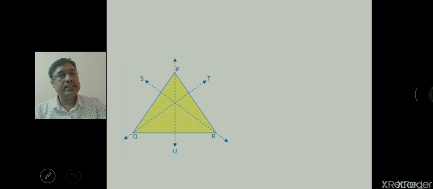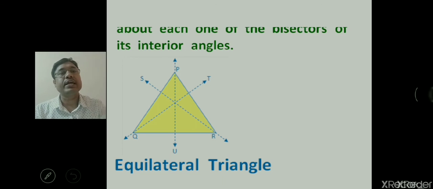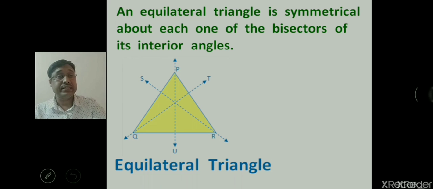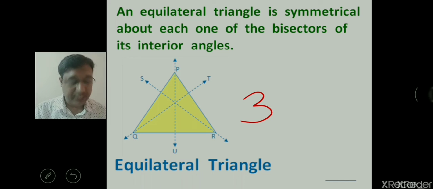So an equilateral triangle is symmetrical about each one of the bisectors of its interior angles. It has these three lines of symmetry, so the equilateral triangle has three lines of symmetry.